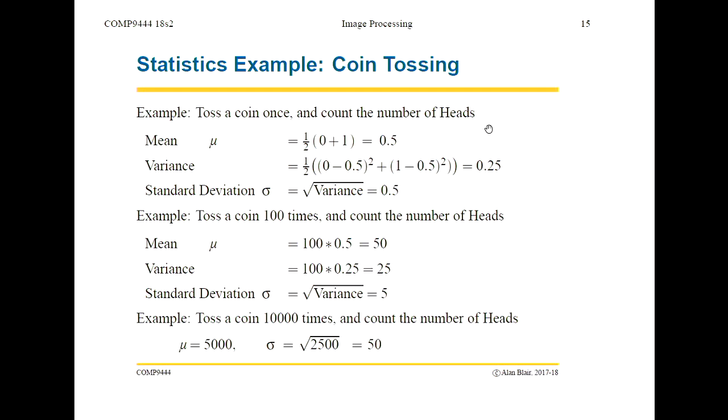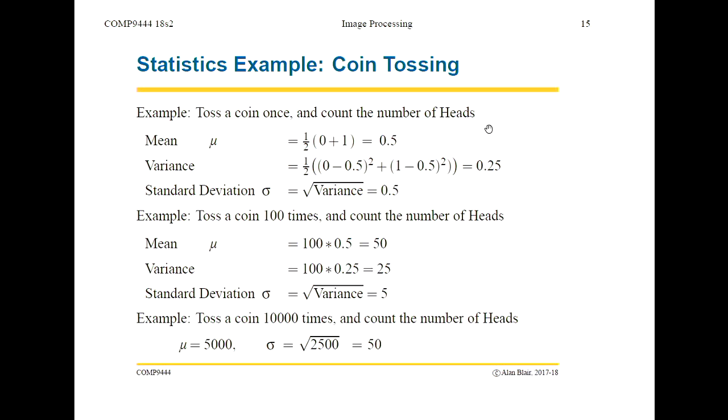So let's suppose we're tossing a coin repeatedly. If I toss a coin 100 times, how many times do you think it's likely to come up heads?